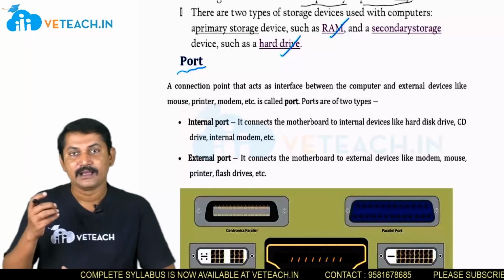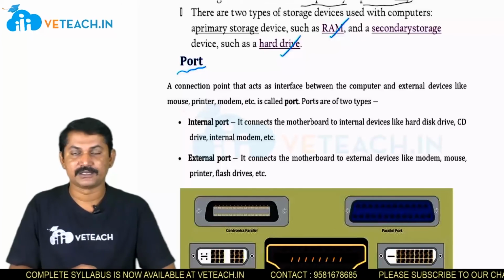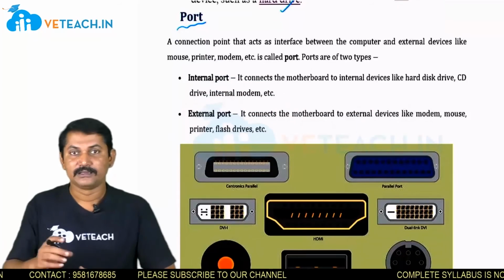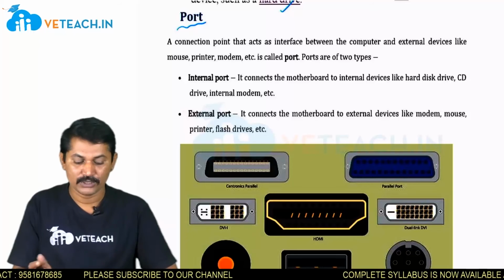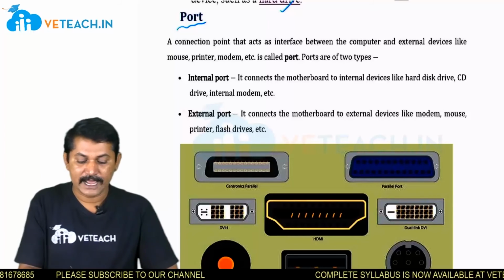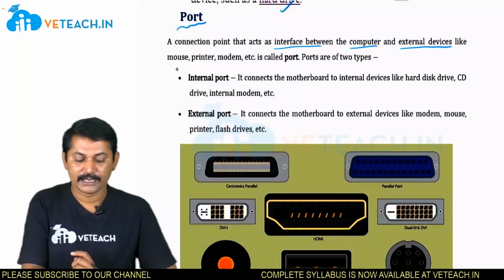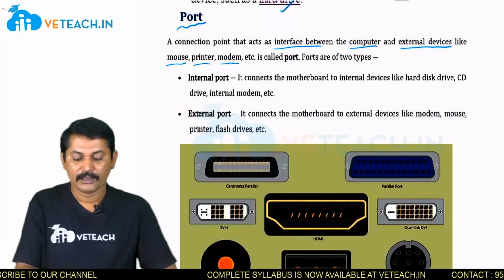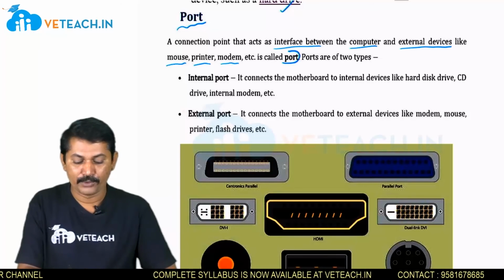To make the connection of external peripherals to the computer system, that means to the processor, the connector between the external device and the computer is called the port. The communication point that acts as the interface between the computer and external devices like mouse, printer, modem, they are connected to the computer via port.